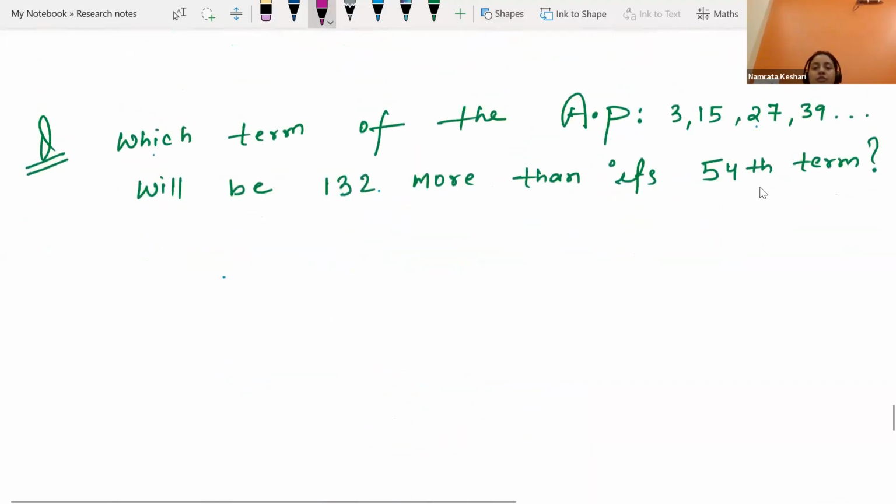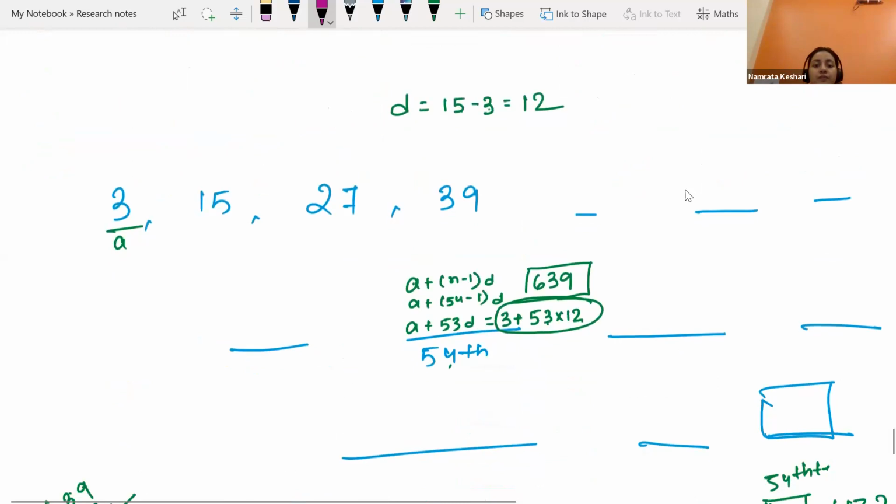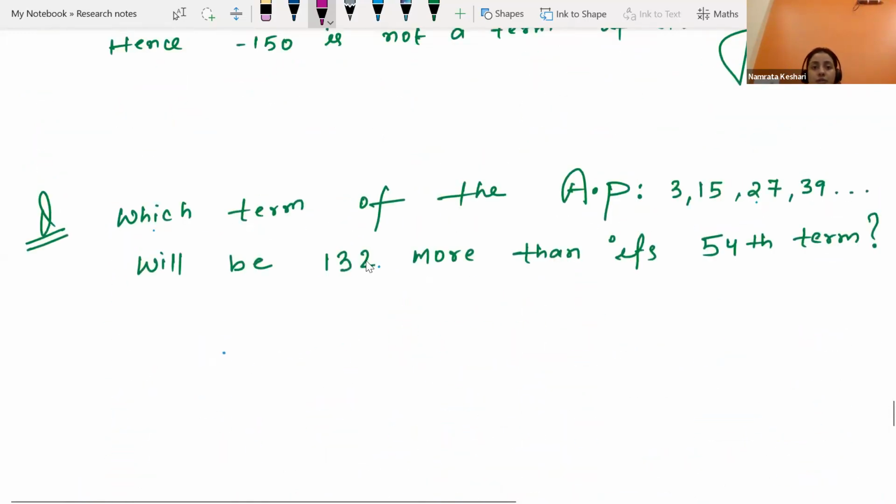At the 54th place, which exact number is in this sequence, we found that. Where is the number 132 more than it sitting? At the 70th place, 100th place, 200th place? It's asking us where the number is, what the placement of the number is, the number which is 132 more than the 54th term. So first find what that term is, which is more by 132, and then from there find the placement.